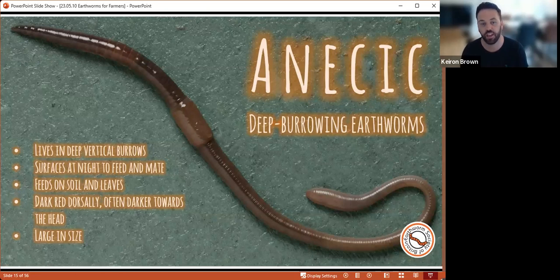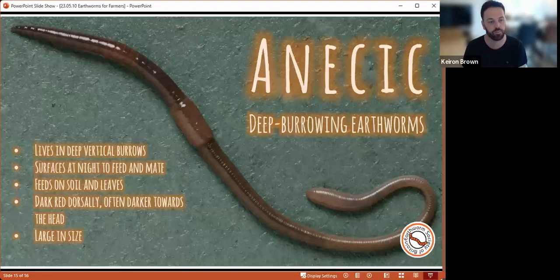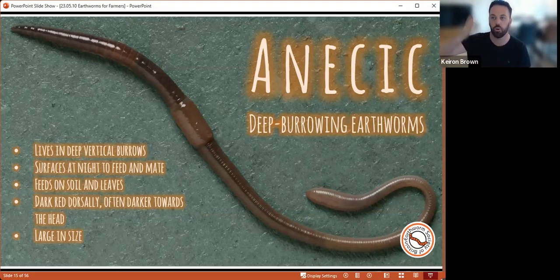They surface at night to feed and mate, which is why in America, our biggest species, the lobworm, is known as the night crawler, because it comes out at night to feed on leaves and to mate with other earthworms. As I just mentioned, they feed on leaves, but they'll also feed on the soil that's deep in the soil profile as well. And they'll burrow all through the soil profile, so within their guts, they're mixing all that up.